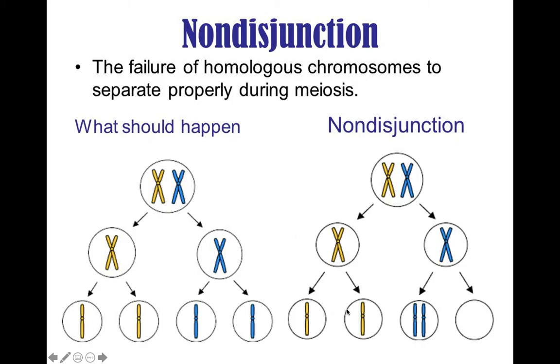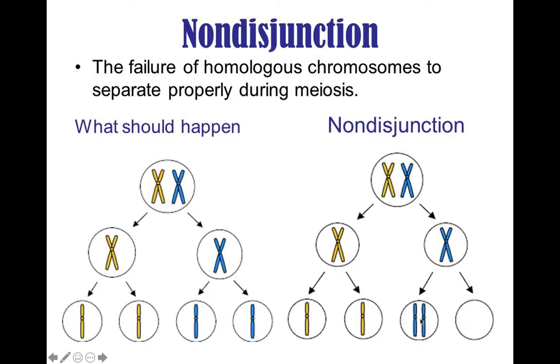But we come over here to the right side where it talks about the non-disjunction. And if we look at this blue one here after the first stage of division, and then whenever it goes to the second stage of division, something happened there and it didn't separate correctly. And that meant that this cell did not end up with a chromosome, and this one ended up with 2 chromosomes.